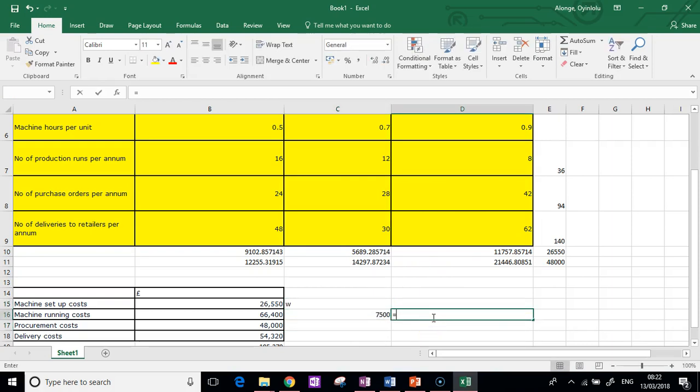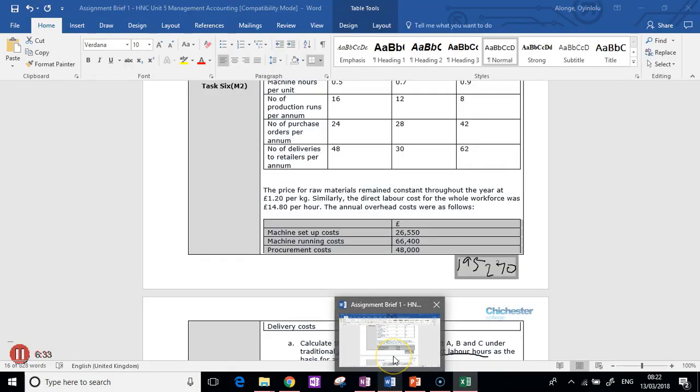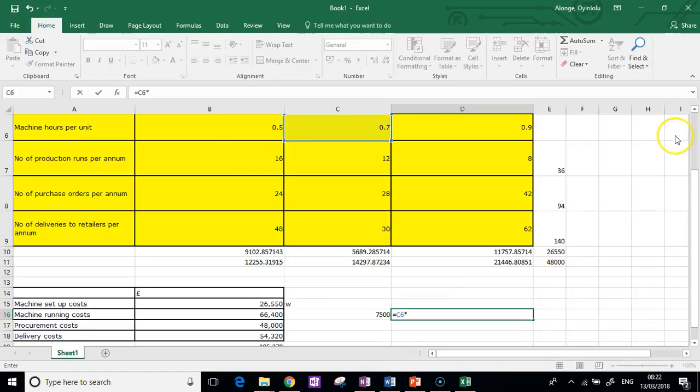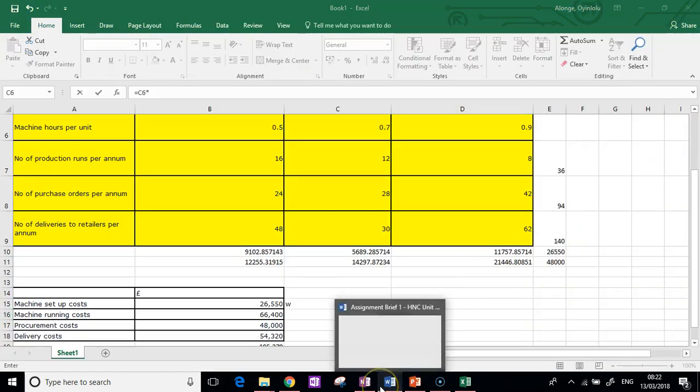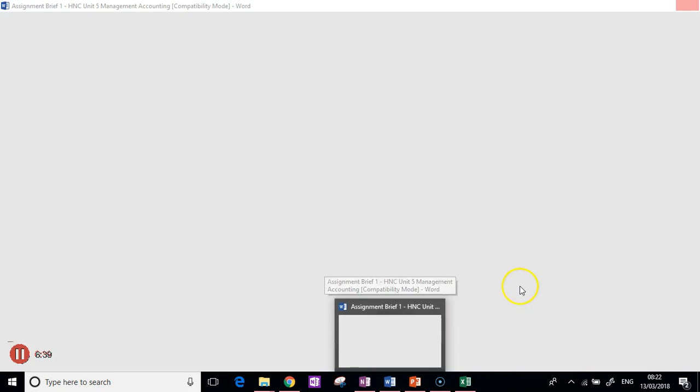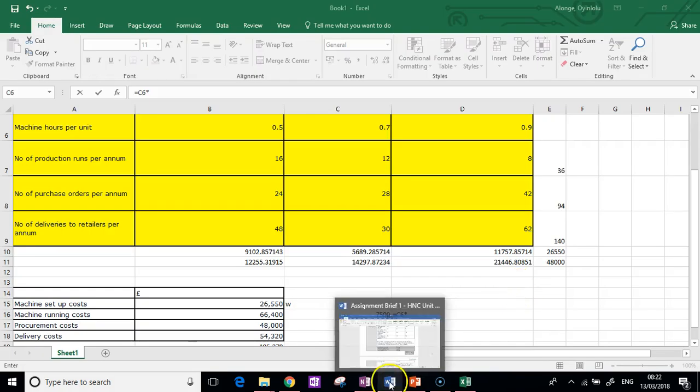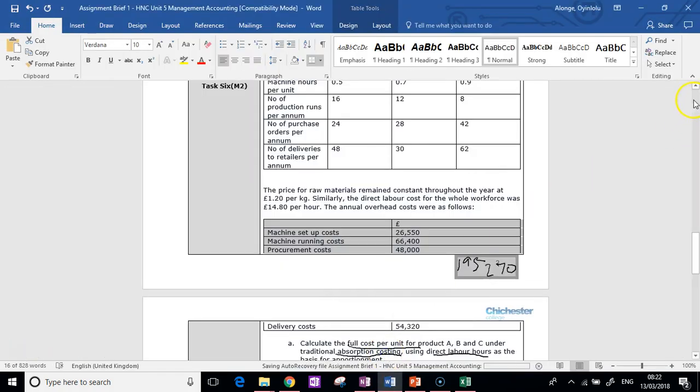Then the next thing, I believe, were cruets, and that was 0.7 times, I think it was 1,200. Let's just see quickly. It just takes a while to load, and that's what I'm trying to avoid. Let's see how many units we had here.